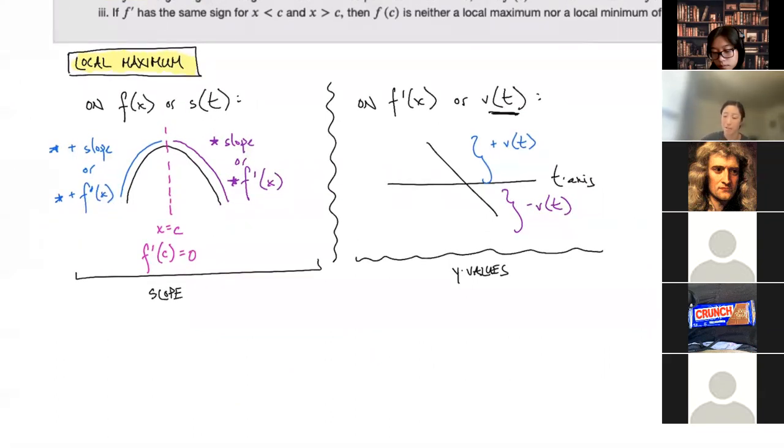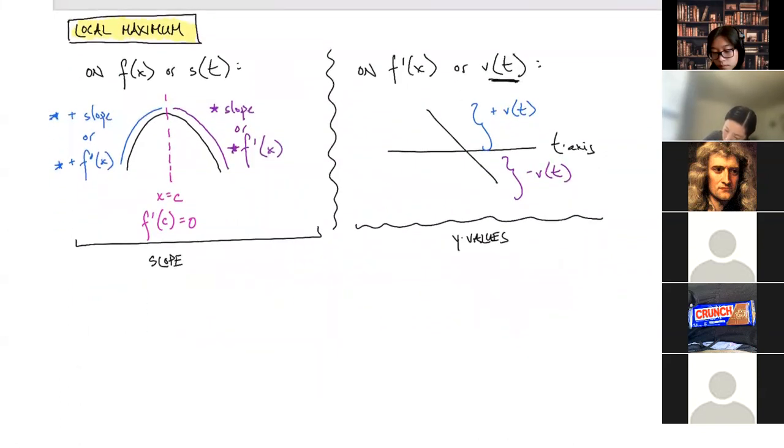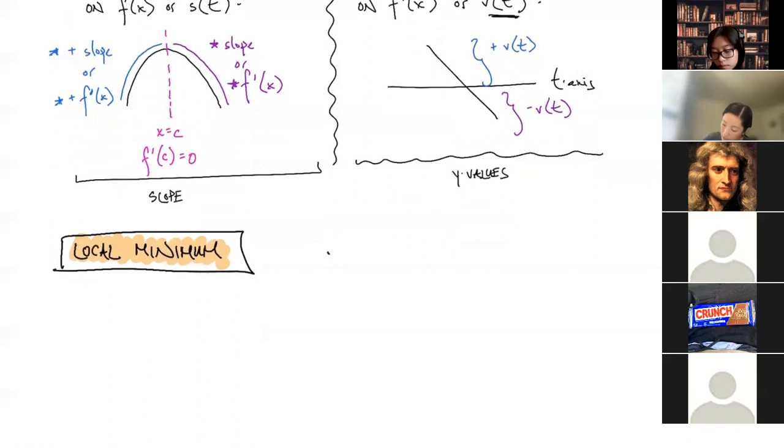All right. Well, let's try our hand at exploring this one now. So what does it mean to have a local minimum? We're going to try and draw corresponding pictures to that. So if I want to draw a local minimum, the local minimum here, let's look at our two cases.